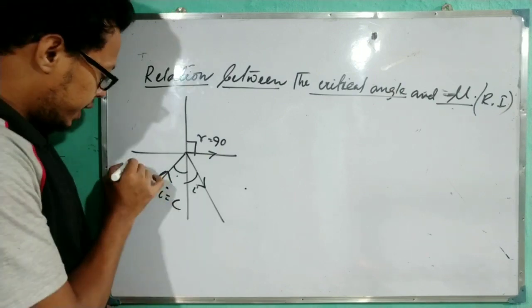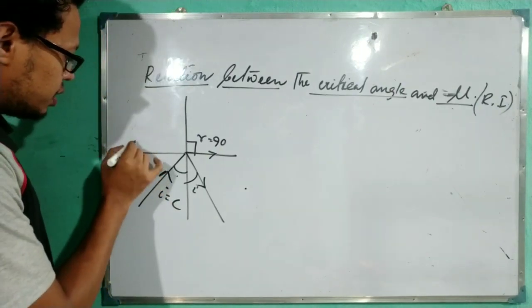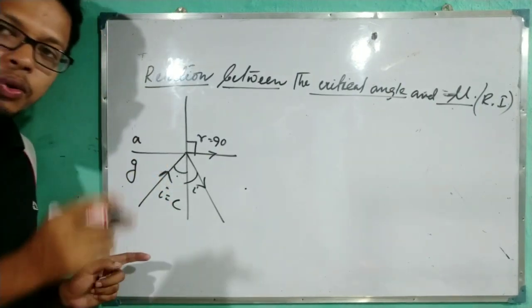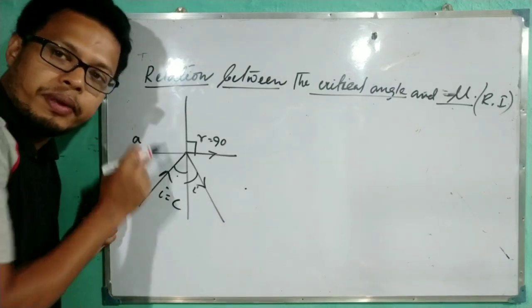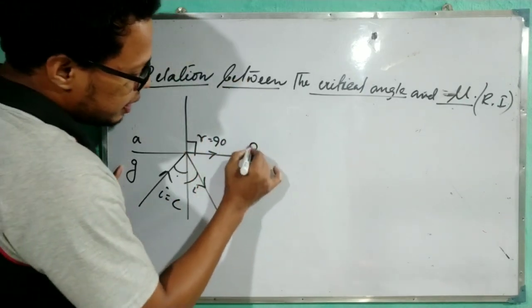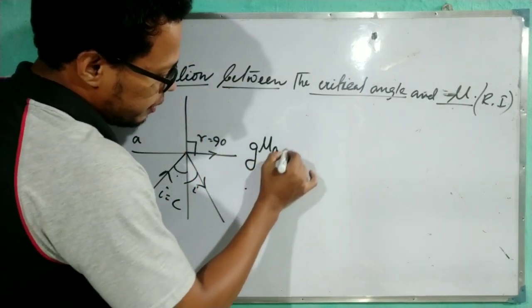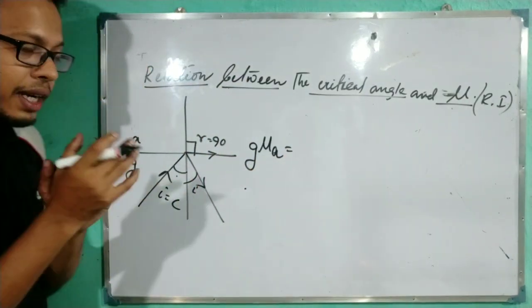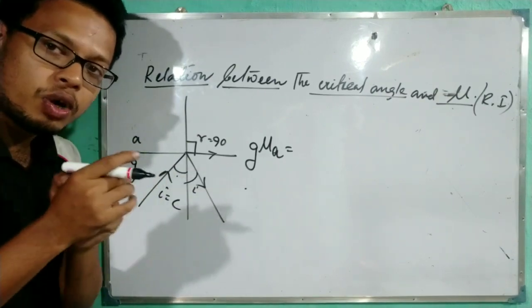Now here the ray is going from glass to air, which means from a denser to a rarer medium. So from here we can write G mu A equals sin I by sin R from Snell's law of refraction.